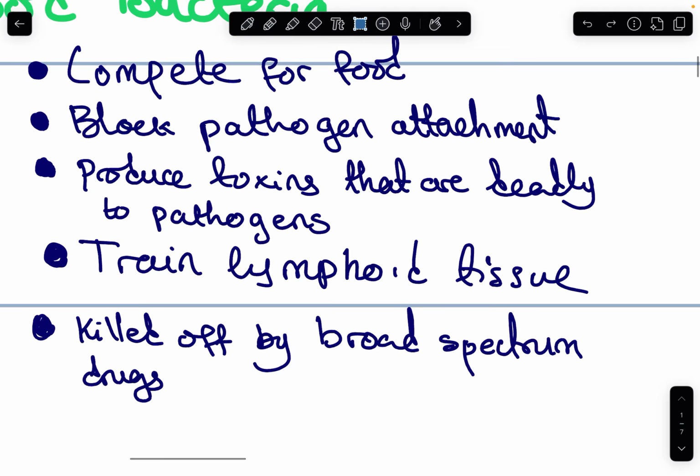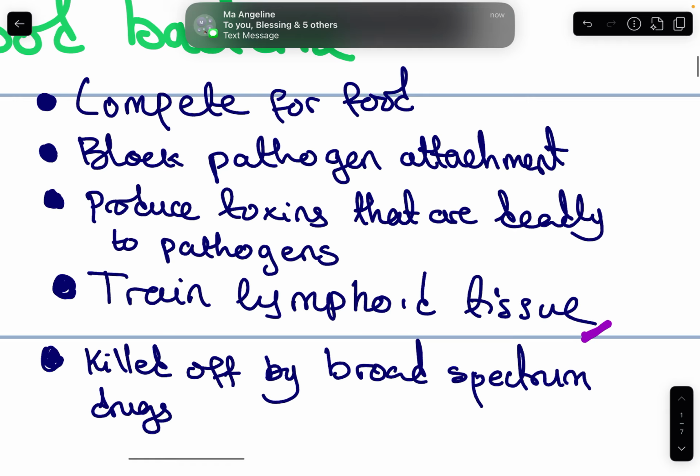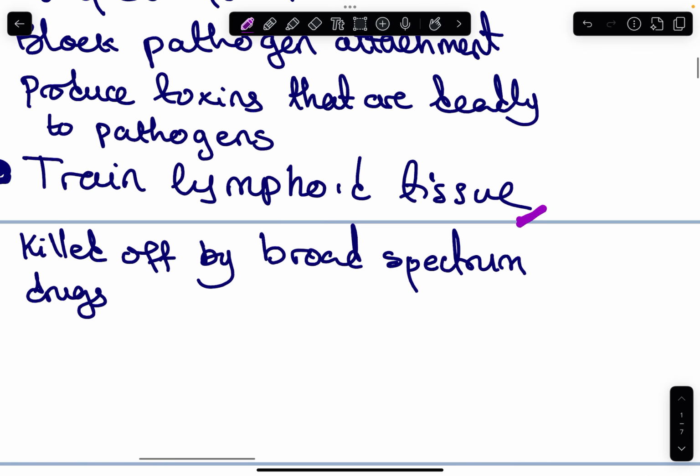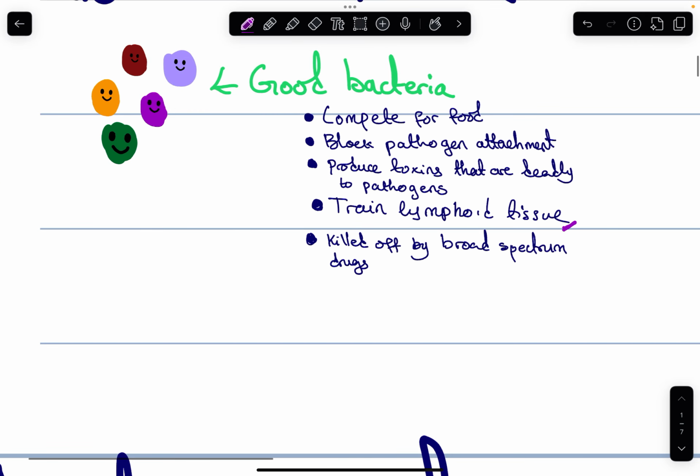Next, we have it trains our lymphoid tissue. Our lymphoid is one of our organs, okay? And the lymphoid is primarily responsible for a bunch of our immune responses. You'll understand what I mean by that in a few minutes. If there's bacteria in there, then it's going to be training the lymphoid tissue, because the bacteria is still bacteria, even if it's good, okay?